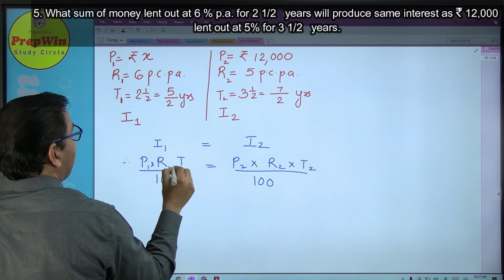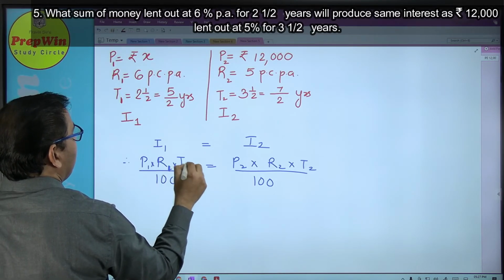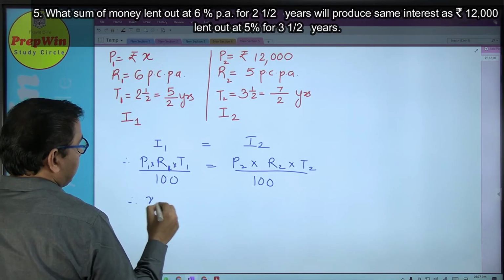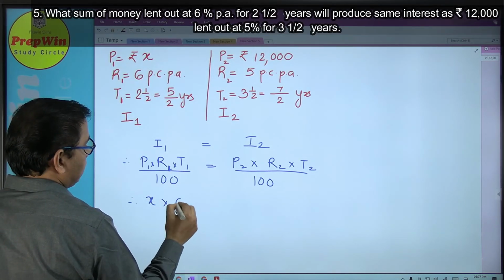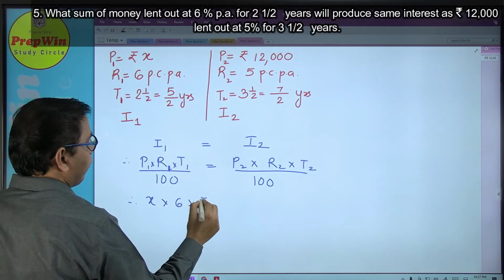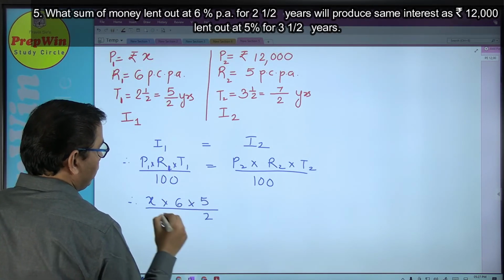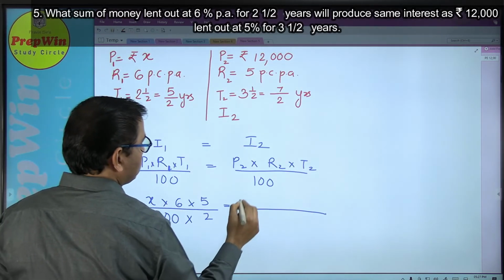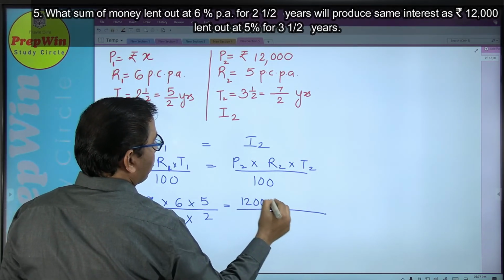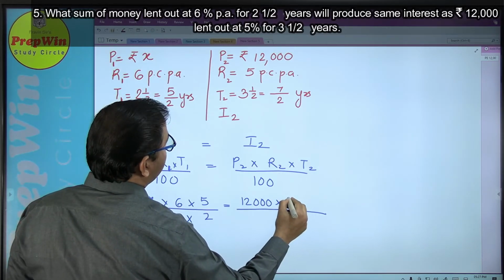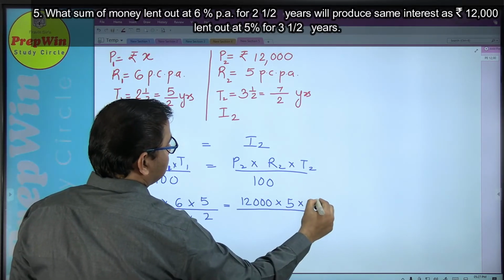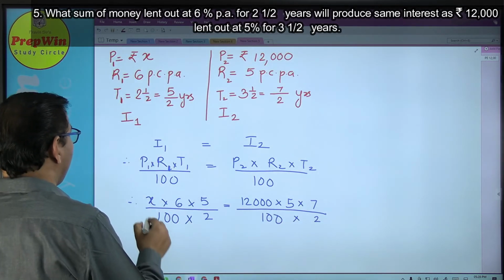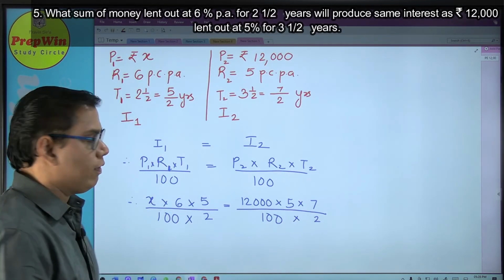On the left hand side we have P1, R1 and T1. I have to find out this P1, X. R1 is 6. T1 is 5 by 2. So 5 here and 2 in the denominator and 100 is already there. What here? 12,000 into R2 is 5% per annum and this is 7 by 2 and 100. Easy, na? Only one unknown is there, that is x, and we can easily find it out.